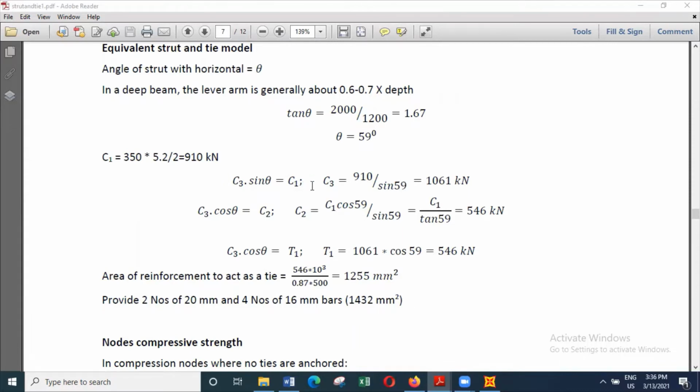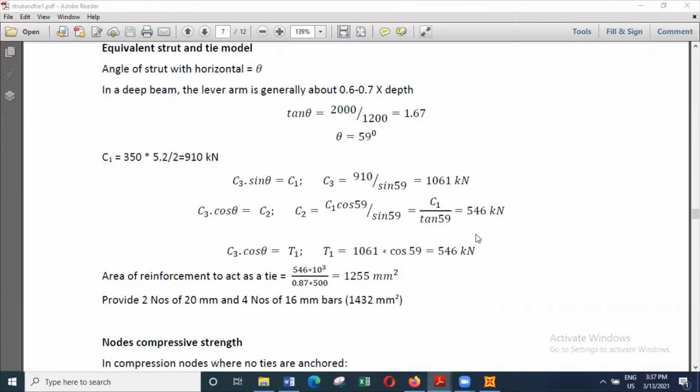Because if you substitute from this equation, C3 is equal to C1 over sine theta, or you can say C1 divided by tan 59. All these give the same result.